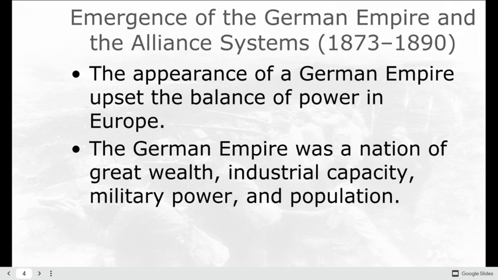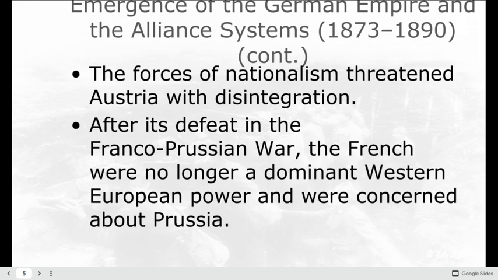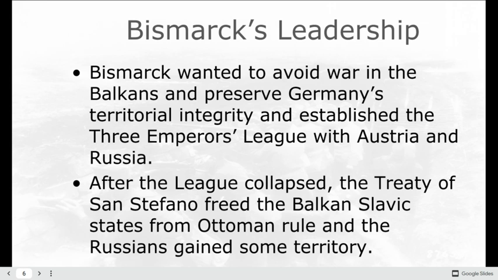So it really was the leading power on the mainland continent of Europe. Meanwhile, the Austro-Hungarian Empire, Austria could not manage to match Germany's power because of the internal struggles that they faced, with nationalism continually weakening it.